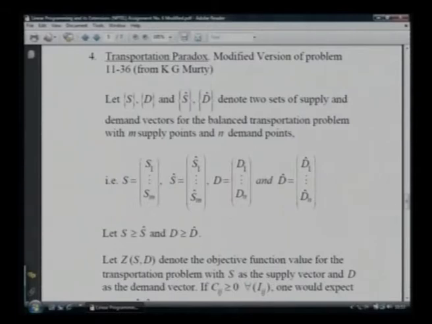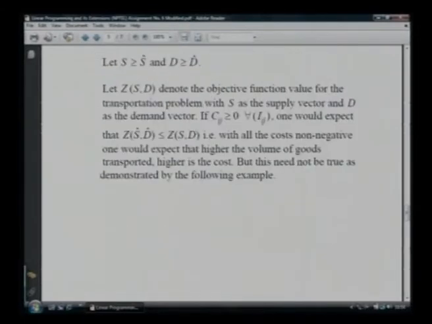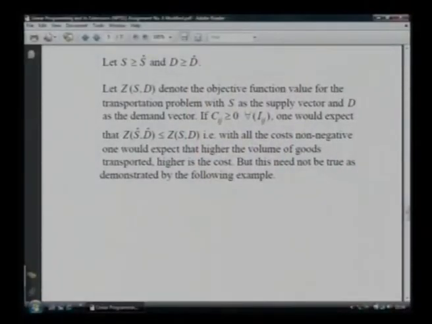So now I am defining ZSD as the objective function value for the transportation problem. So the costs remain the same, right, with S as the supply vector and D as the demand vector. If Cij's are all non-negative, then one would expect that since the volume of traffic for S comma D is more than S hat D hat, the objective function value for S comma D, that means ZSD, will be greater than ZS hat D hat.